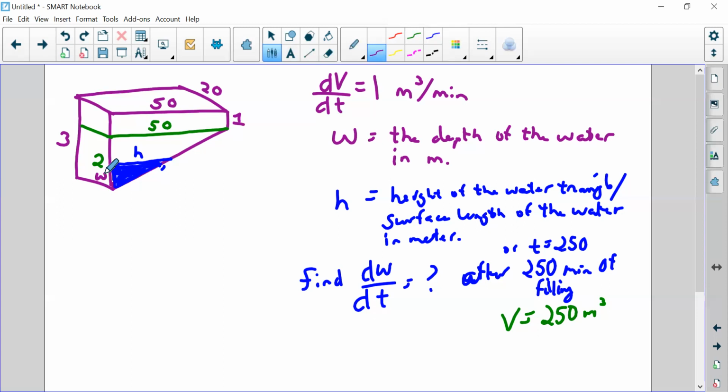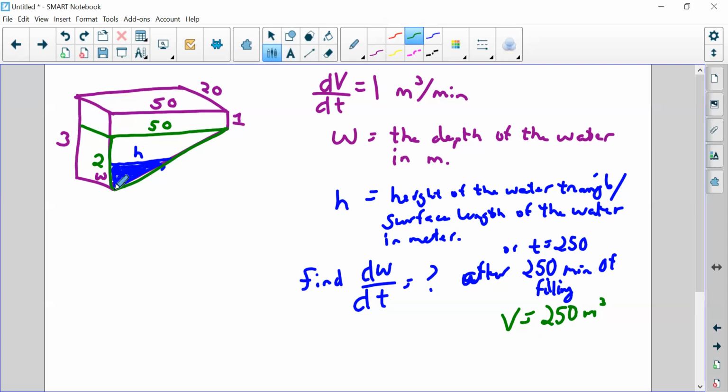The depth of the water is W. The height of the water triangle, or the surface length of the water, is H. And we know that this green triangle, we've already figured out, is 50 by 2. So any way I can now relate these?